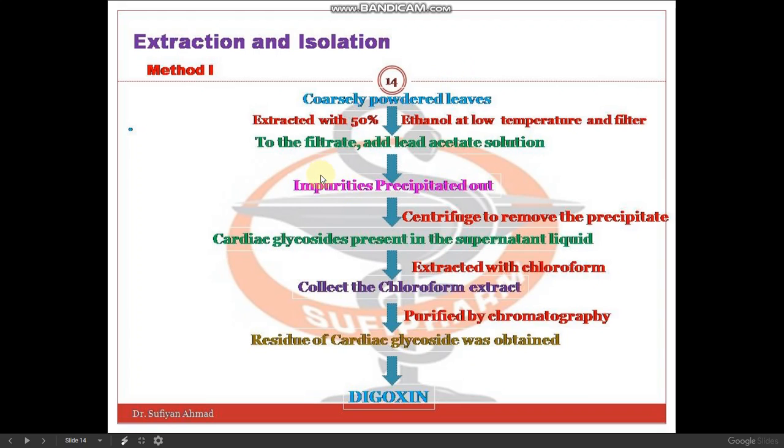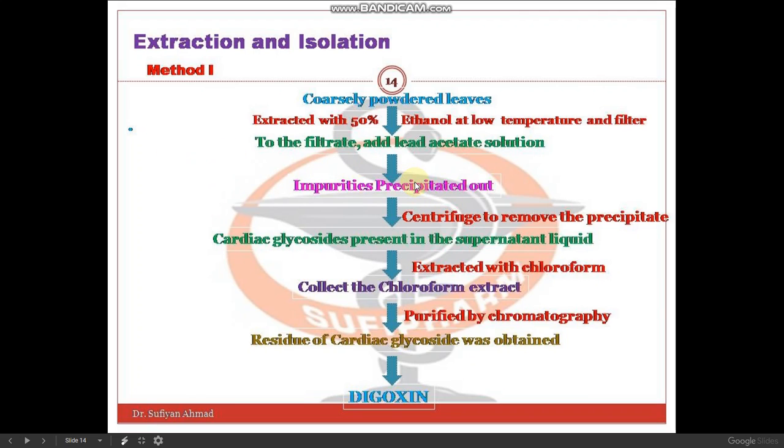Then, extracted with ethanol, we obtain the filtrate, and in the filtrate you have to add lead acetate solution, because the plant is a mixture of phytoconstituents. To remove other compounds like tannins, we add lead acetate solution. What will happen? Impurities will precipitate out.